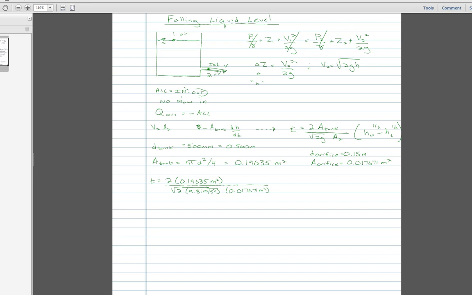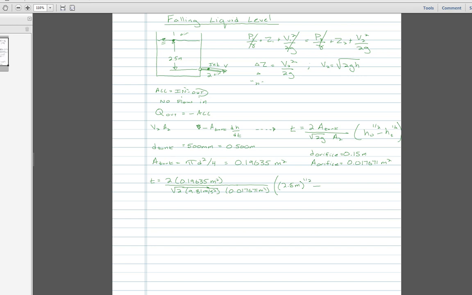Alright, and now we are going to take a look at how long it takes to fall 1.1 meters. And so initially the liquid level is 2.5 meters from the center of the orifice opening to the liquid surface. So it's falling from a height of 2.5 meters, and we need to take that to the 1/2 power.